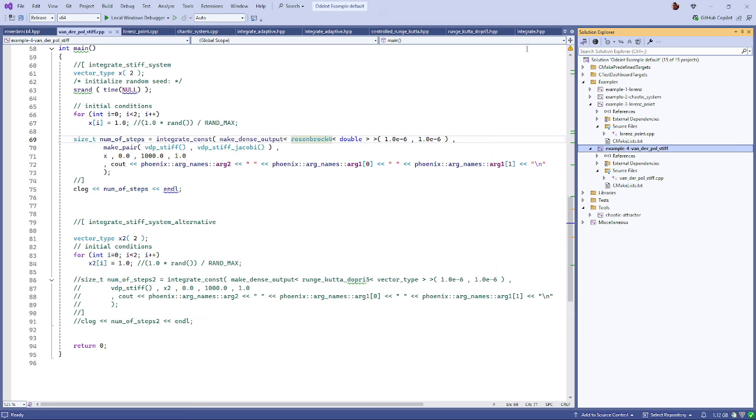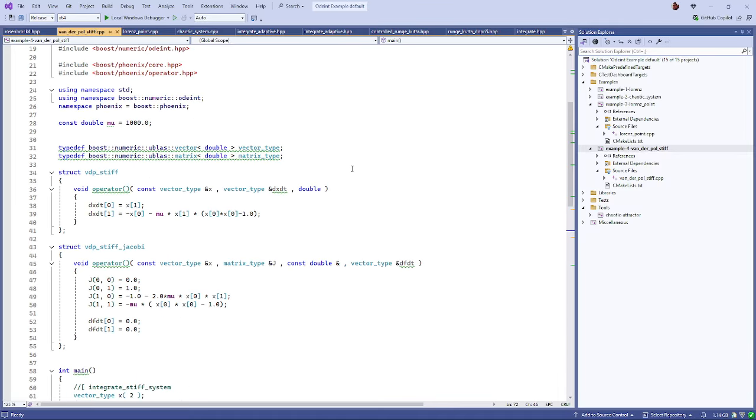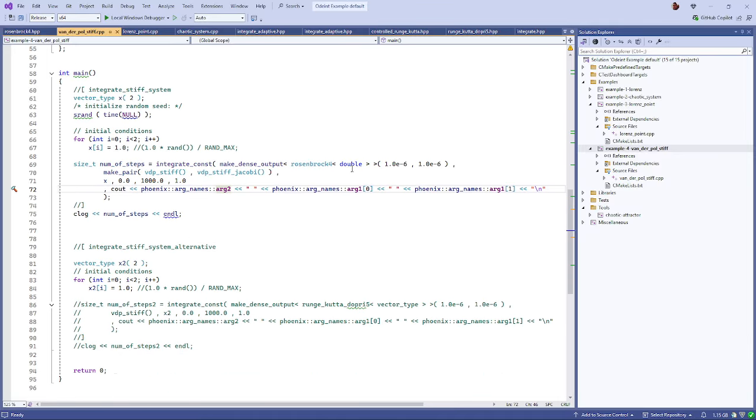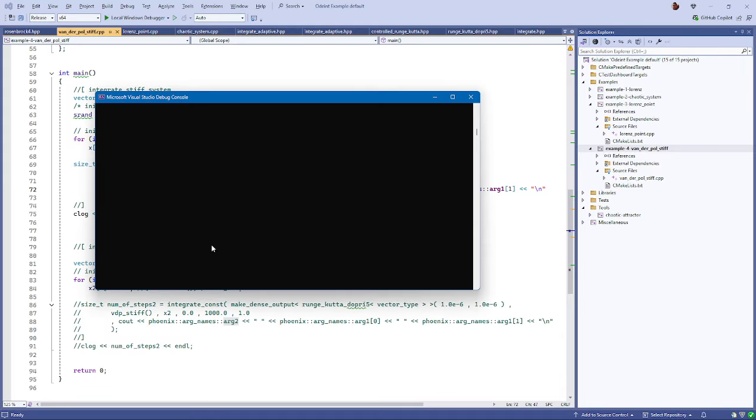Am I correct on that? Let's look at the printout, see what it is. It's printing out arg2, arg1 of 0, and arg1 of 1. So I believe this is the time, or the step.